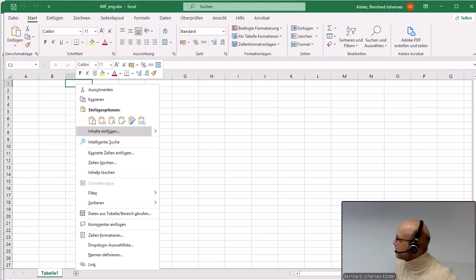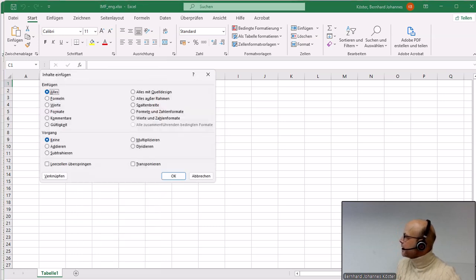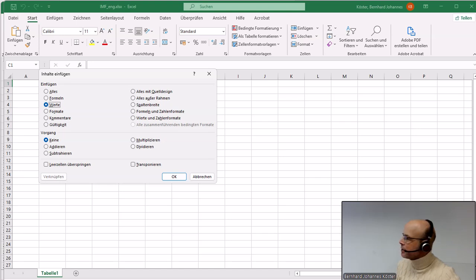So I now change the format of the data, choosing values, and here to transpose the data. This changes it from the horizontal representation to the vertical representation.